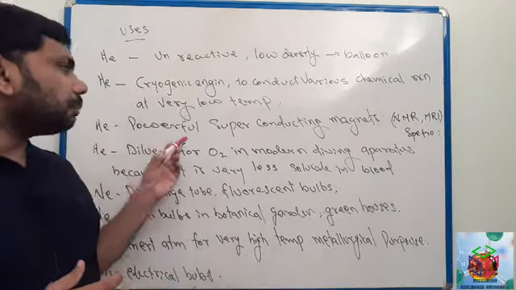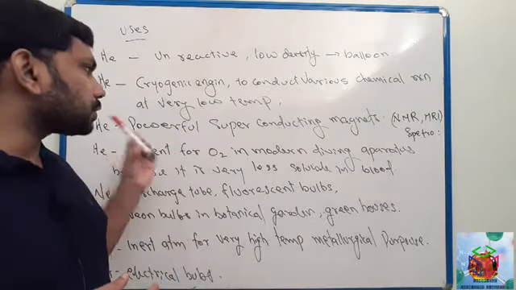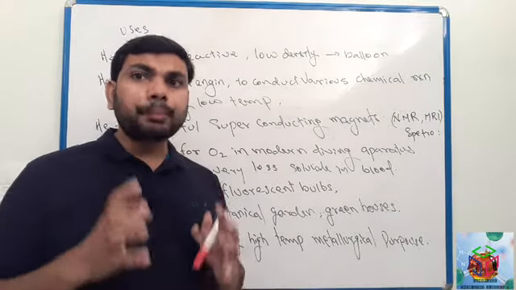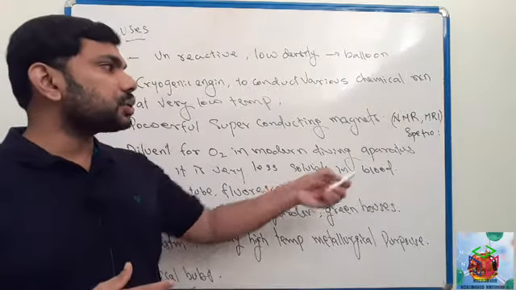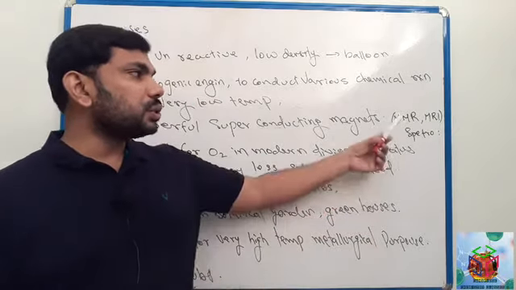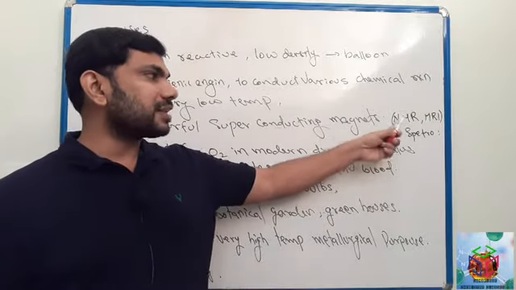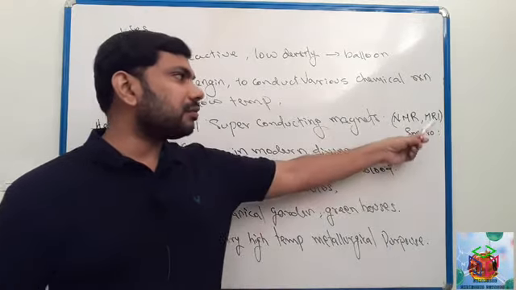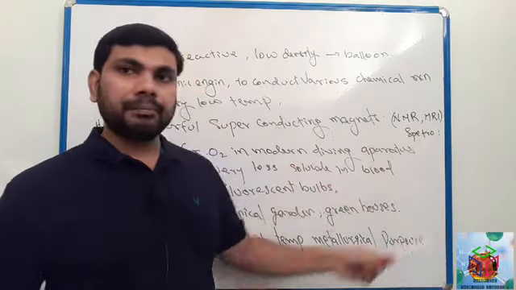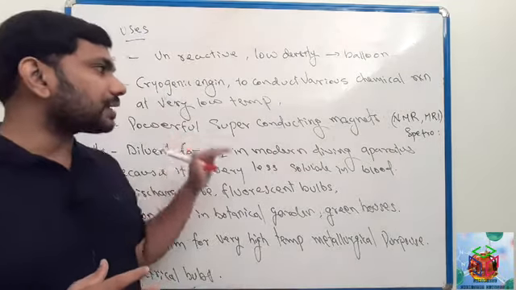Next, helium is used to make powerful superconducting magnets. Such magnets are used in nuclear magnetic resonance spectroscopy, NMR, and magnetic resonance imaging, MRI. So helium is used to make powerful superconducting magnets.